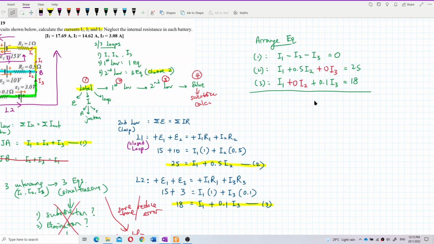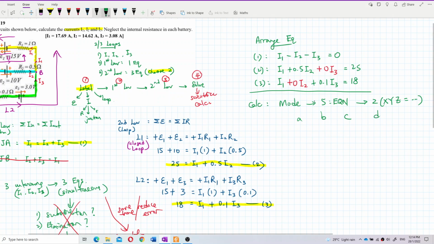In your calculator, choose the mode, choose the equation, number 5 equation, and then choose number 2, where you see something like x, y, z equal to something. Then you see a, b, c, and d.